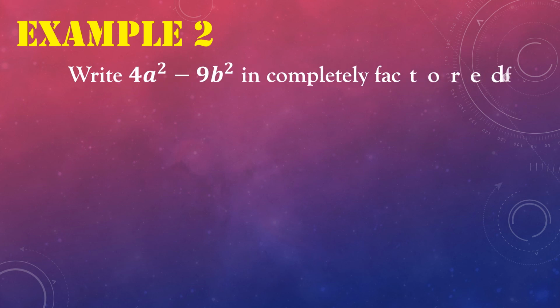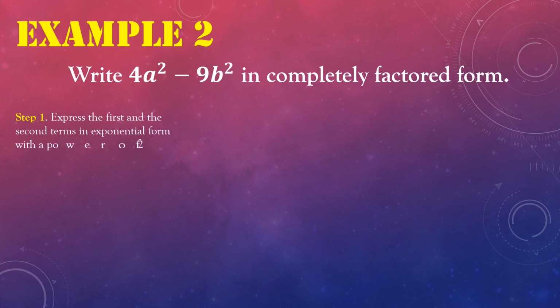Example number 2. Write 4a squared minus 9b squared in completely factored form. Step 1. Express the first and the second terms in exponential form with the power of 2.